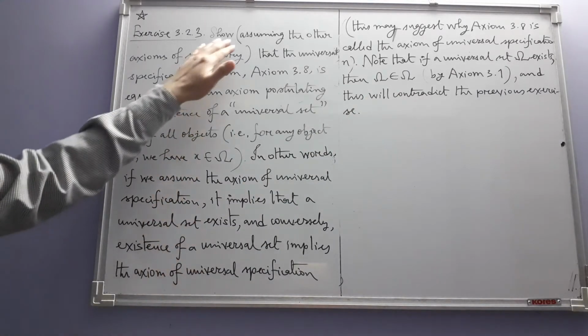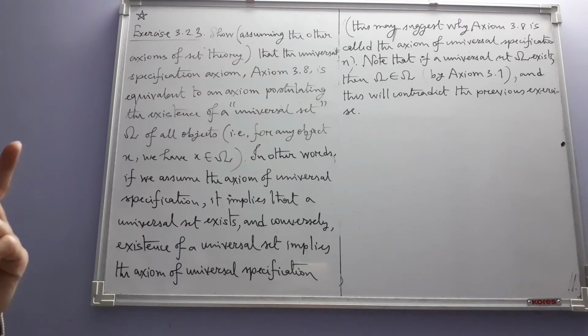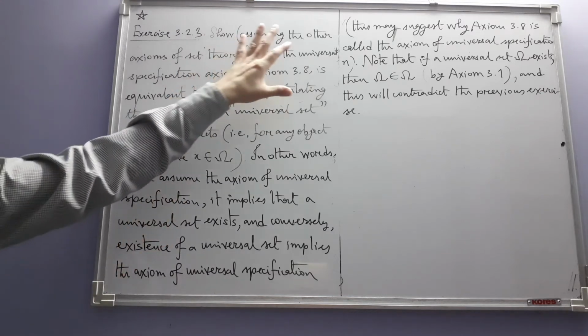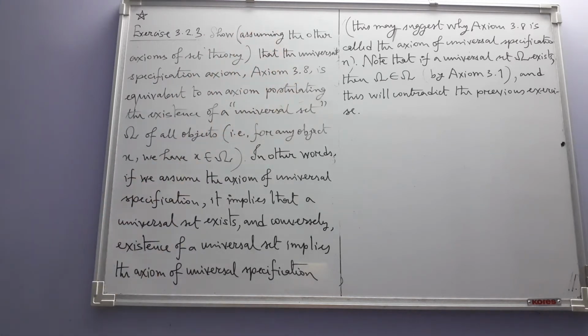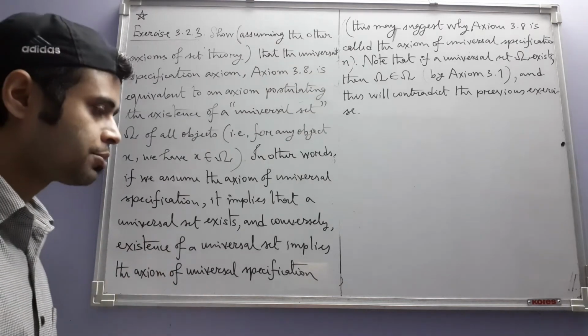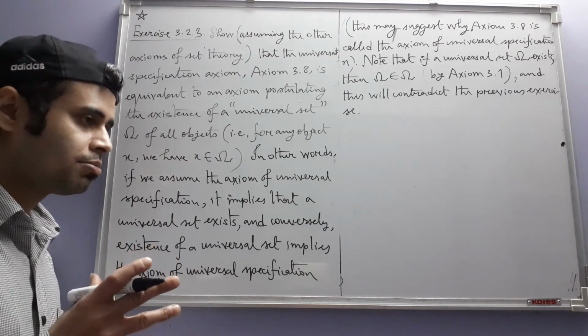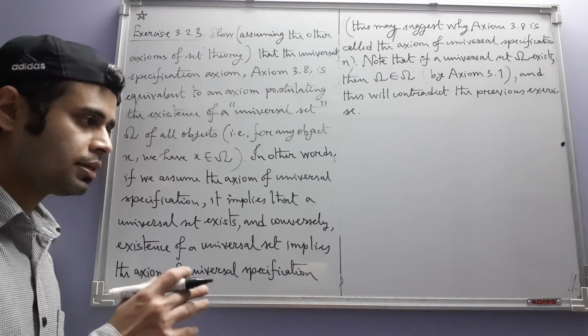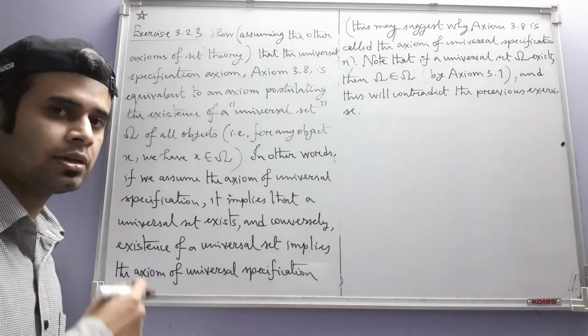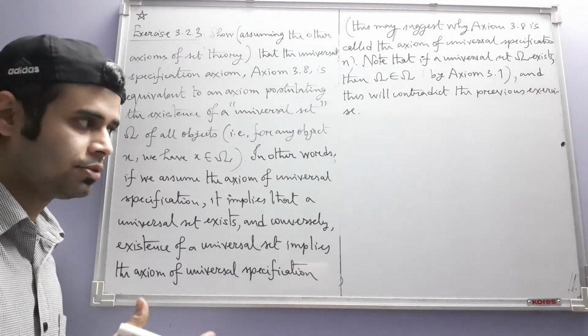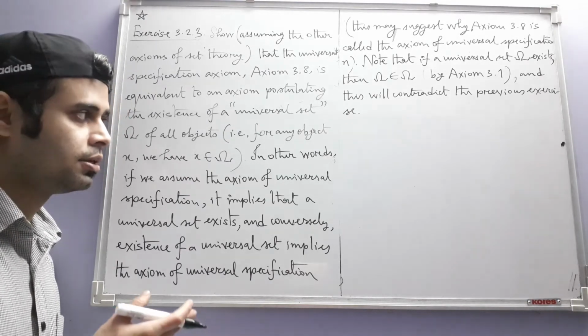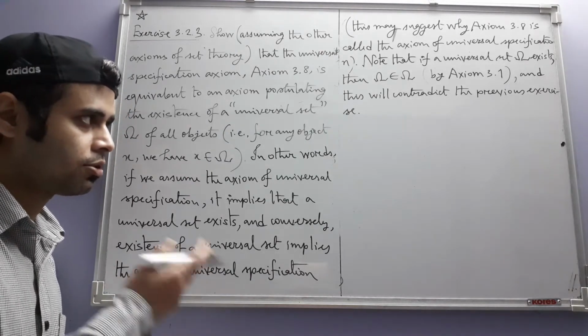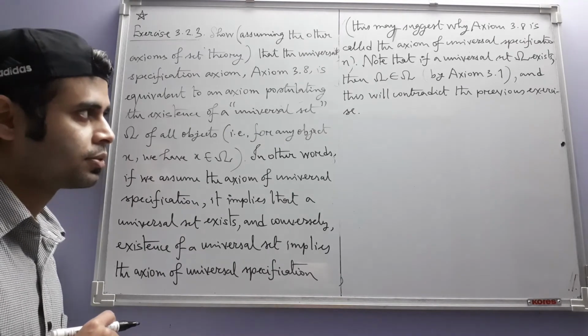That means the axiom of universal specification cannot be true. Or, more specifically, it cannot be true in the system of axioms that we are developing for set theory. If we combine it with the other axioms, we get contradiction like this.